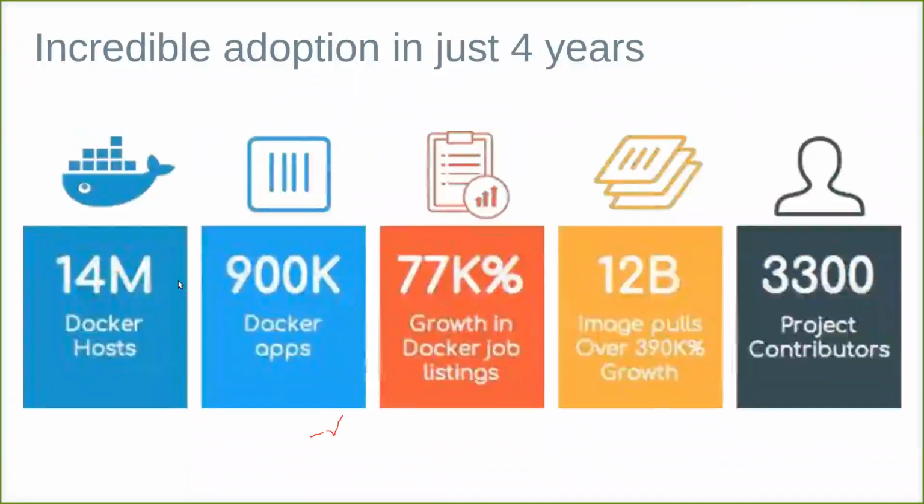So all the applications which we used to run in the traditional infrastructure on top of our instances, we are able to run on a Docker instance, on a Docker server. And there are over 900K applications available for Docker, which includes all the common applications which we use, like WordPress or Django.